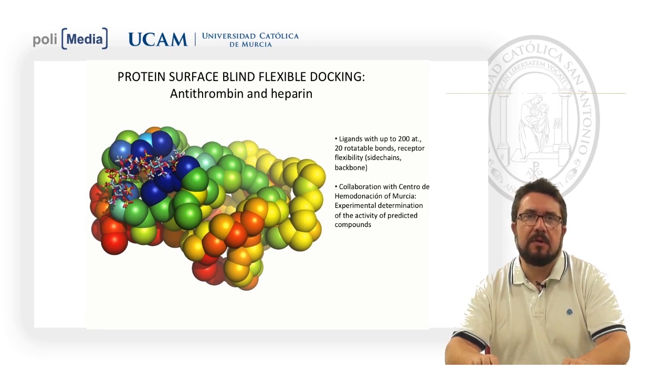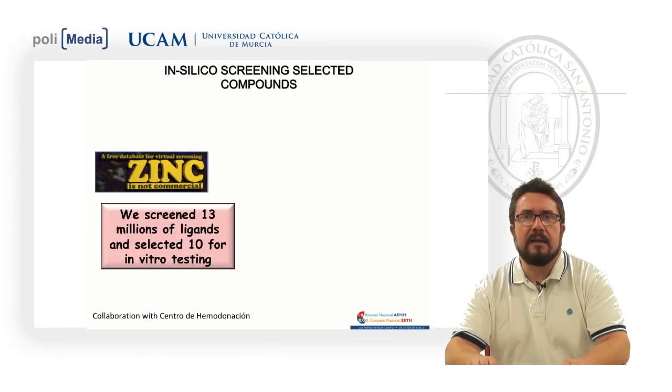So I'm not going to give all the details here, but there is the main reference about the publication later, so you can have access to all the details. And then we screened, totally without any hypothesis, the ZINC library, a subset containing 13 million molecules.